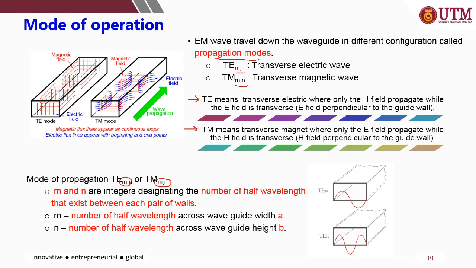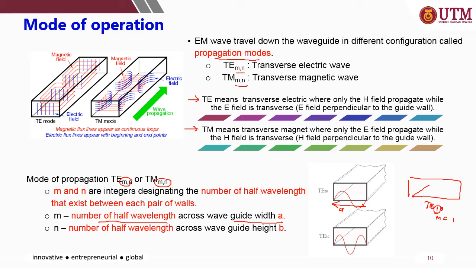So M is basically the number of half wavelengths across the waveguide width A. Alright, so this is the width A. For example, TE10, we know that M is 1.